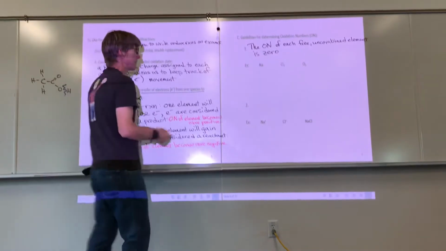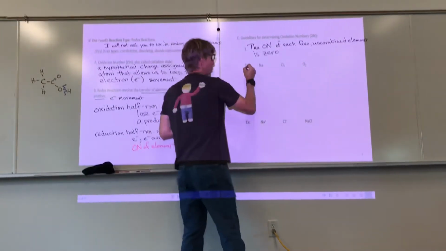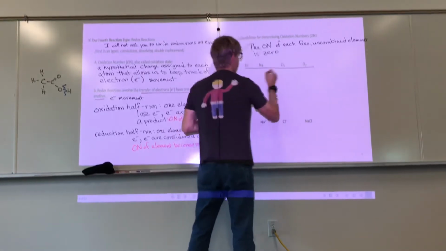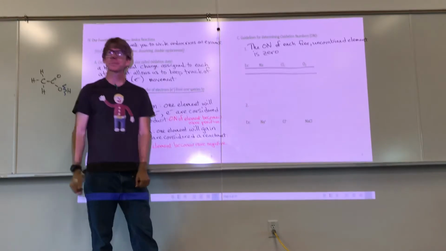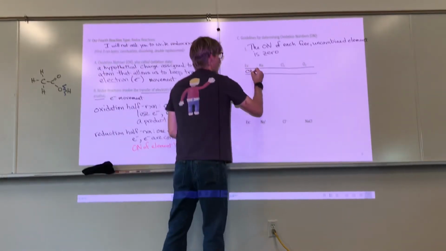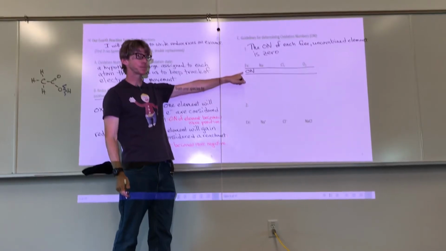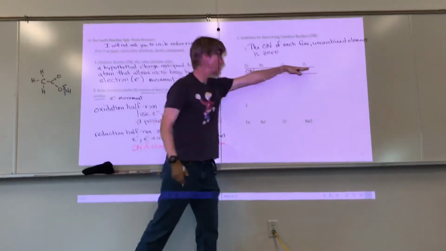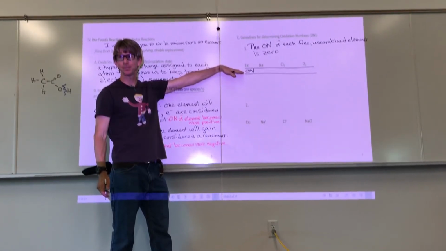Now, I have 3 examples right here. My board does not have lines, your notes do not have lines, so I'm going to draw some lines in there. On the line underneath each of these, I will write ON, and this row will be the oxidation numbers. It's always the oxidation numbers that I'm looking for.